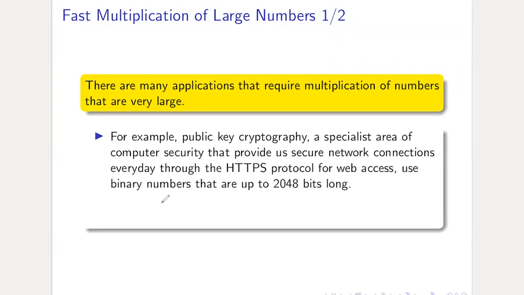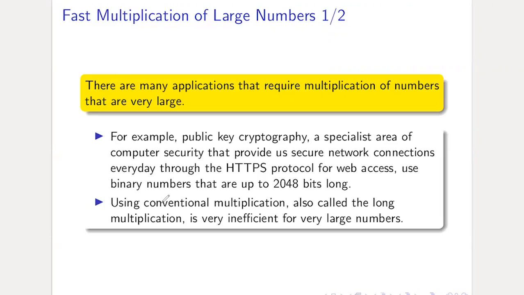Most of the websites are HTTPS. So you can see how often you actually use this kind of integers, and a lot of the computations you do are integer multiplications.